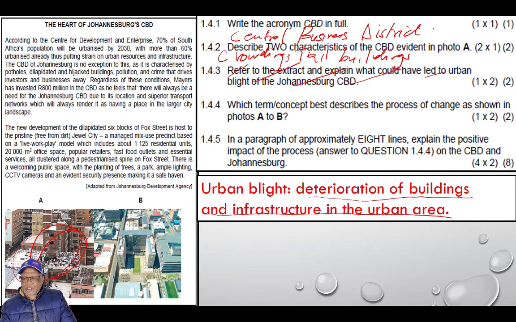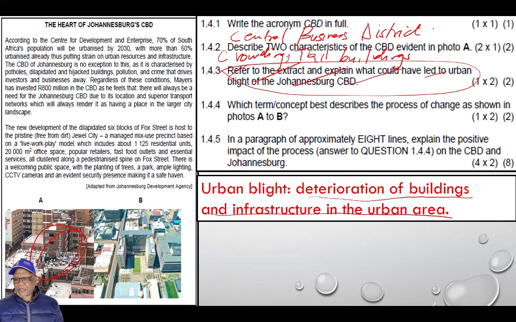And the acronym CBD, you should know what it stands for. But this one refers to the extract, so we don't answer the questions that have specific answers from the extract. We only answer those that have the concepts that we are learning.